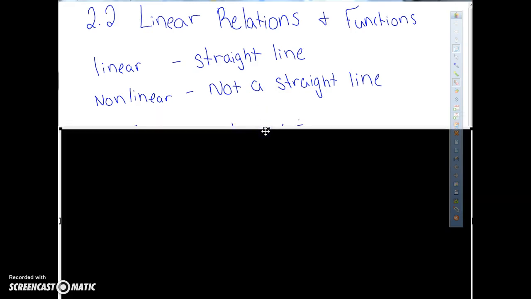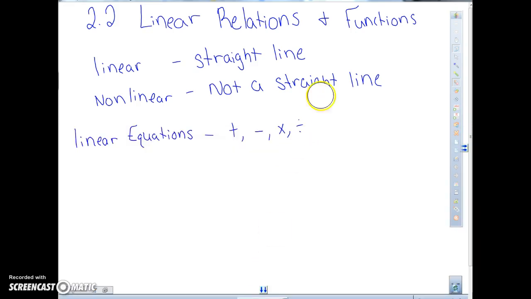So we're going to talk about some qualifications to be a linear equation. The first thing is that you can add, subtract, multiply, divide a variable with a constant. Constant being a number.